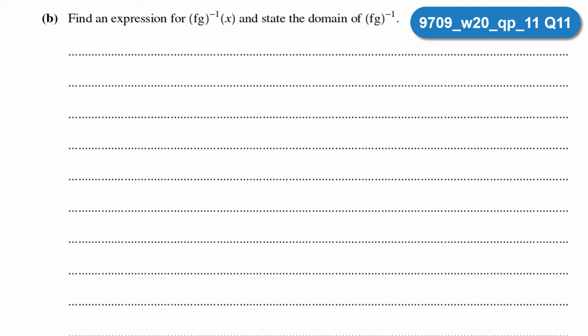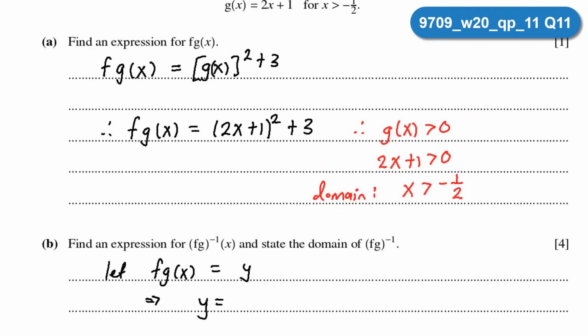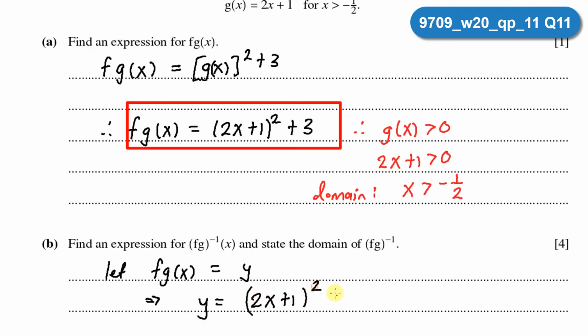Find an expression for f g inverse of x and state the domain of f g inverse. So here we're going to say let f of g of x be equal to y, which therefore means y is equal to f of g of x, which we got to be 2x plus 1 squared plus 3.